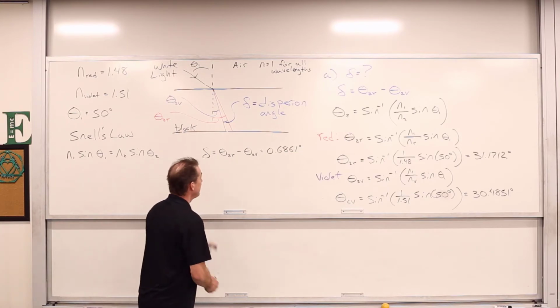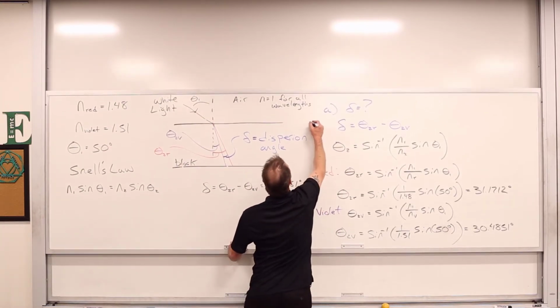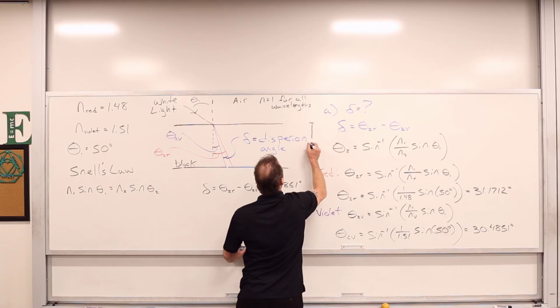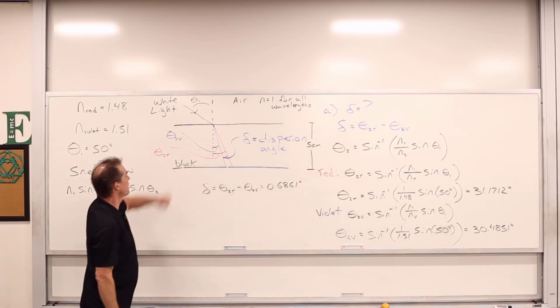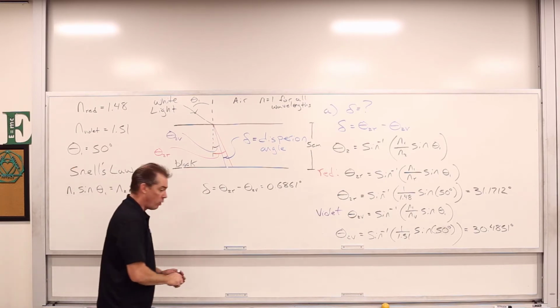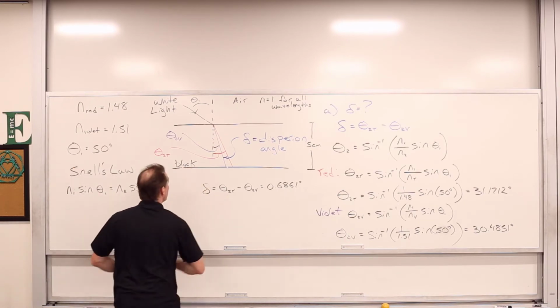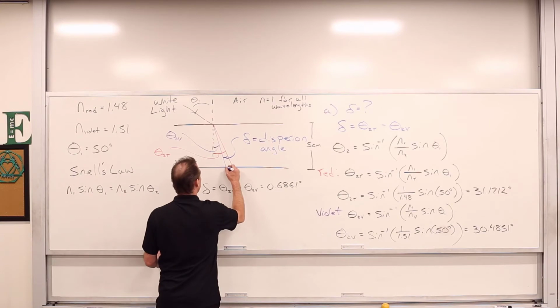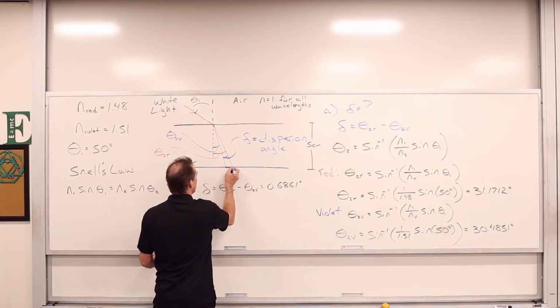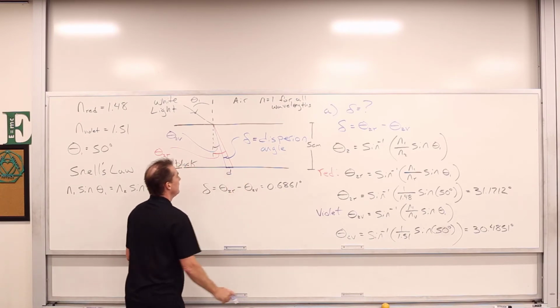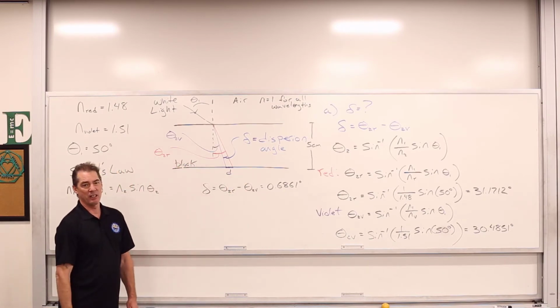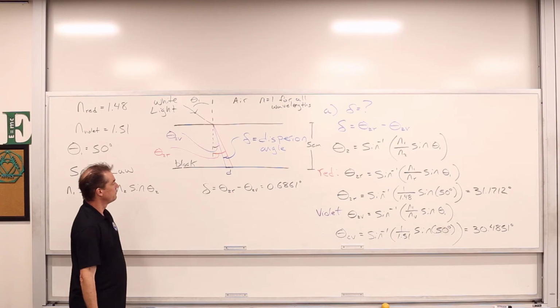So we're going to take this block and say that its thickness is 5 centimeters, and we want to know specifically what is this distance right here, from there to there. I'm going to call that D. That's going to be the linear separation on the exit boundary of the block.